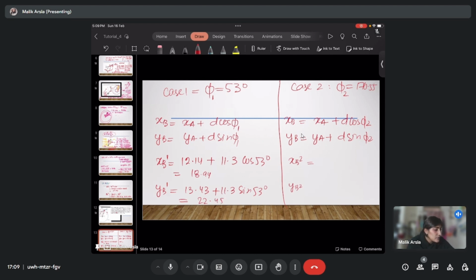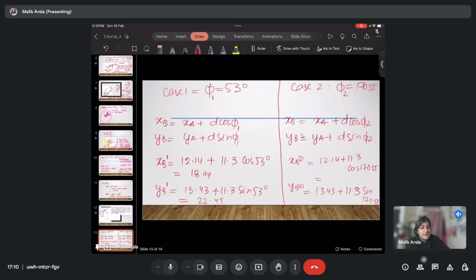And similarly for the second configuration, when phi is given as 170.55, xb will be 12.14 plus 11.3 cos of 170.55, and yb will be equal to 13.43 plus 11.3 into sine of 170.55.